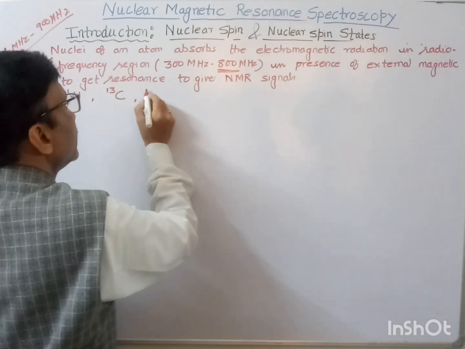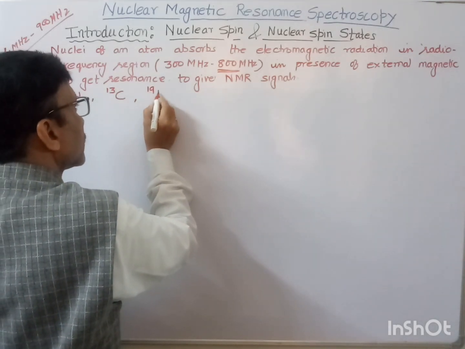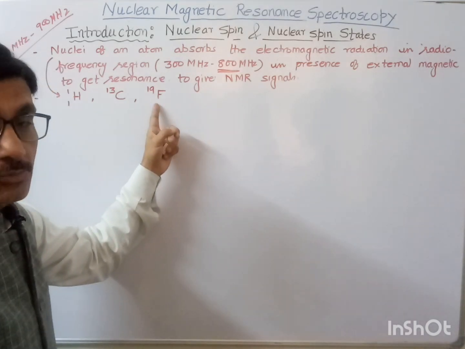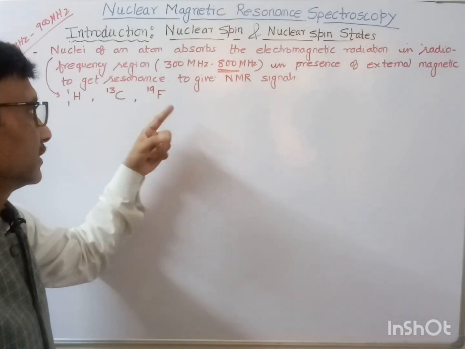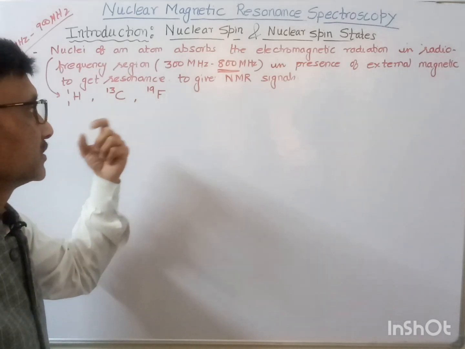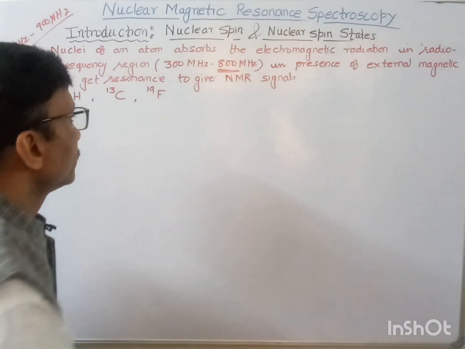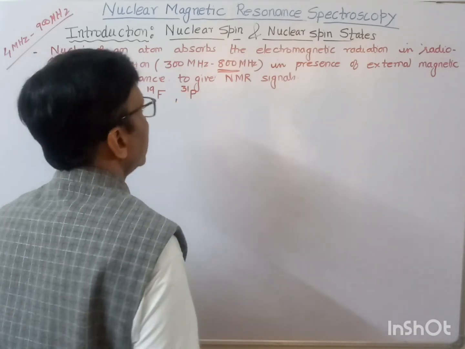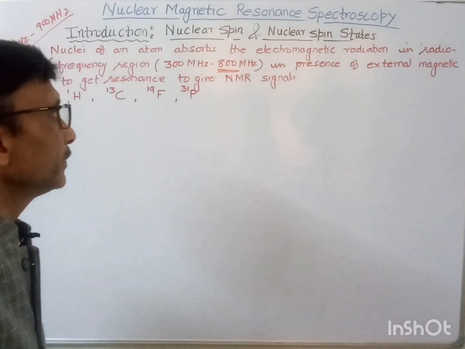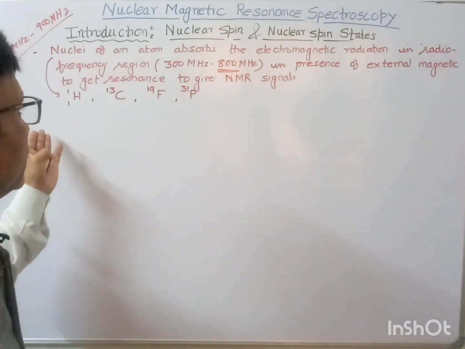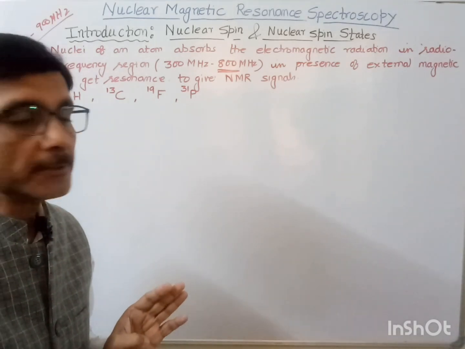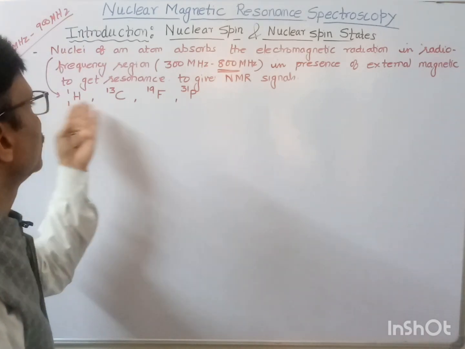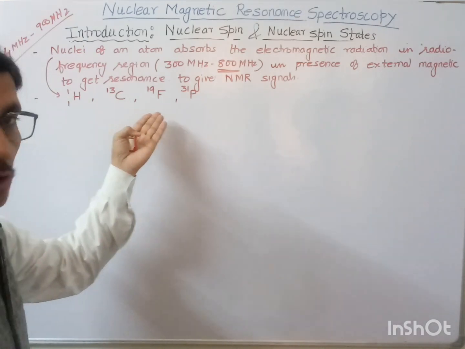In the same way, fluorine can also absorb the NMR radio frequency, so it is called fluorine NMR spectroscopy. Phosphorus-31 can also absorb, so phosphorus NMR spectroscopy, and so on. These are the different nuclei which can absorb the radio frequency.